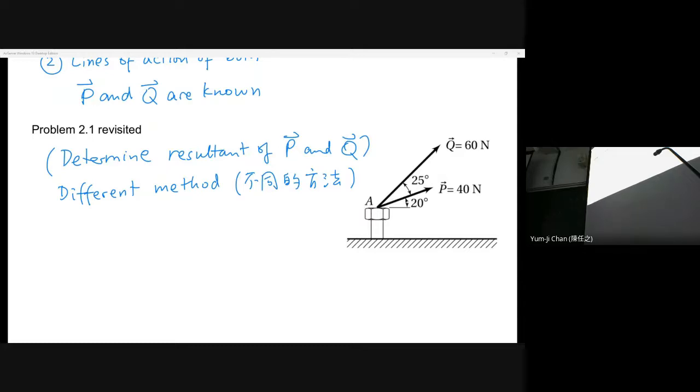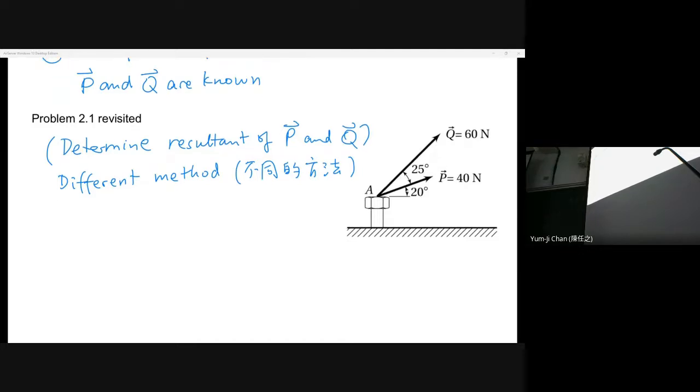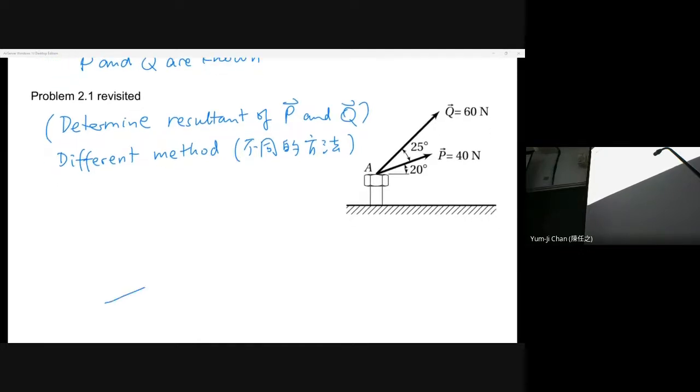Now, we still need to draw the diagram. We draw the diagram again here, and this is P and this is Q. And the resultant here, R, is here. Okay?